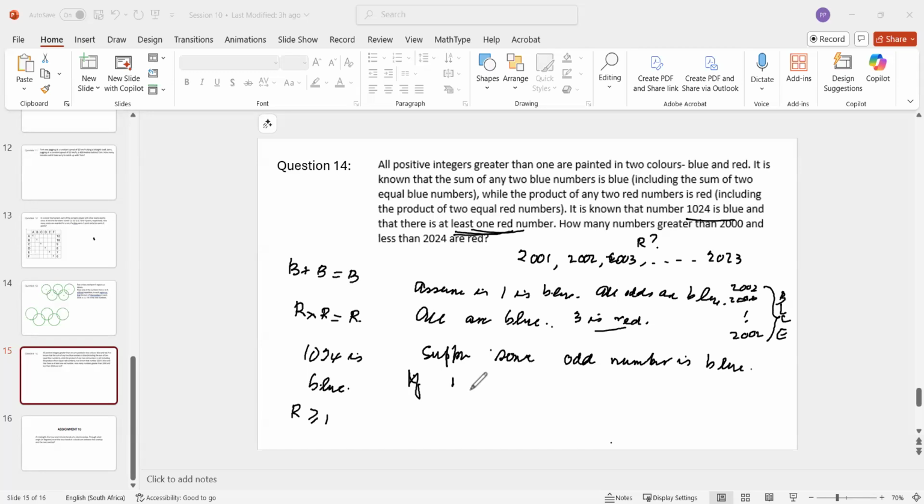If n is any odd number, then n is equal to n minus 3 plus 3. Or if you like, and if n is blue, so n is odd, so this is even.